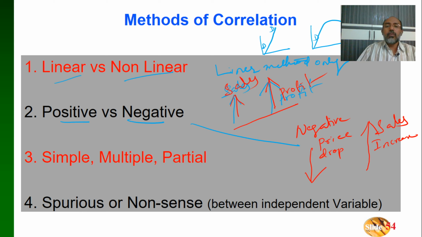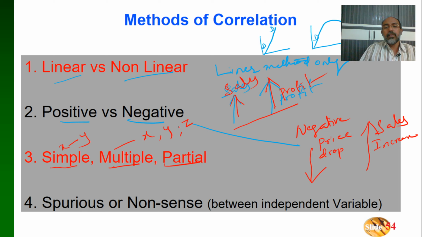Now the third type: simple, multiple, partial. What is simple? Simple correlation means having a relation between x and y. Multiple means x, y, z.